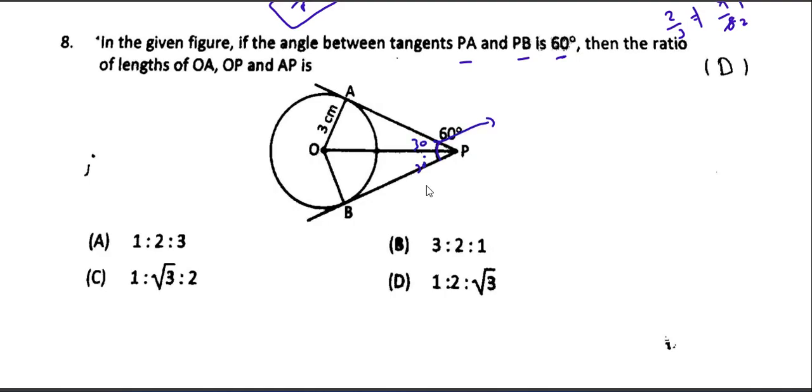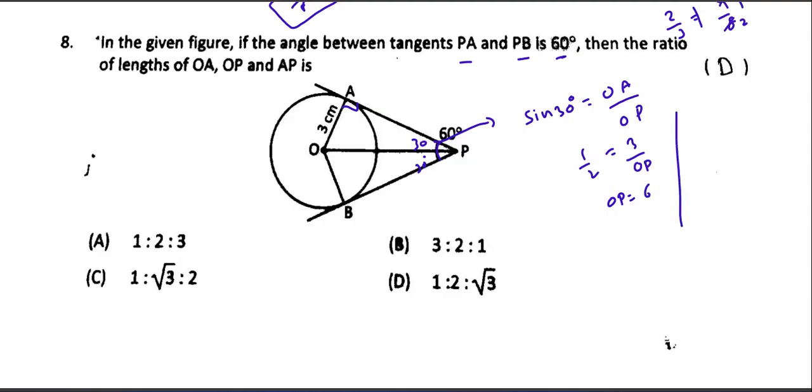By using sine, sine 30 equals opposite by hypotenuse, at A it is 90 degrees. So opposite is OA, hypotenuse OP. So 1 by 2 equals OA, which is 3, by OP. Cross multiplication, OP equals 6.